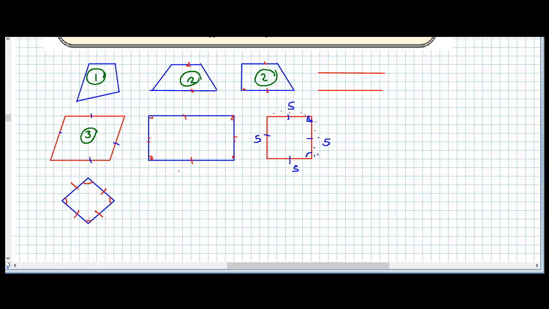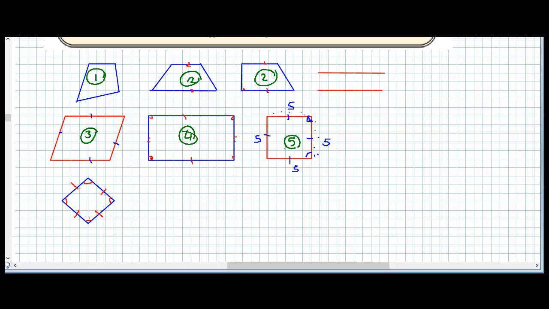Fourth one here, it's a rectangle. Each pair of sides are parallel and equal, and all the angles are equal to 90. Fifth one, it's a square.